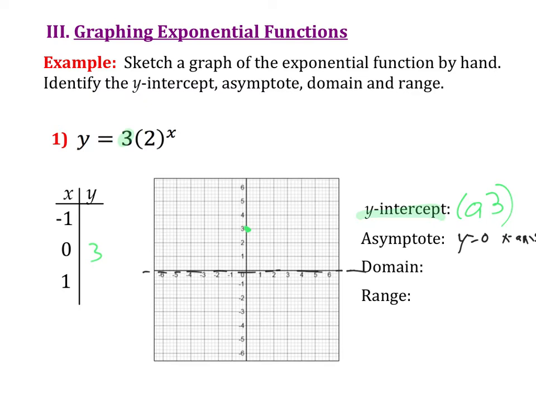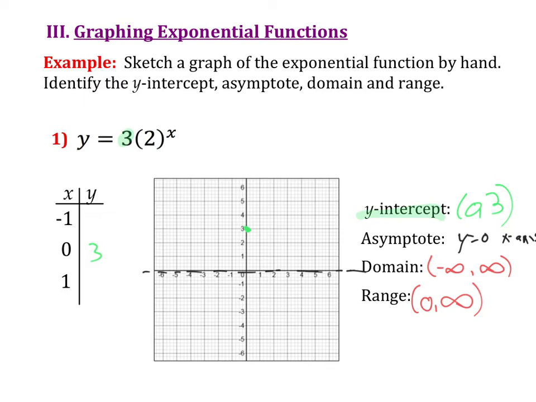The domain for every single one of these will always be negative infinity to positive infinity, every single time. And then the range is going to be starting from the bottom and going up to the top, right? So if the lowest we ever reach is dang near close to 0, and we go up forever, this would be 0 to infinity.